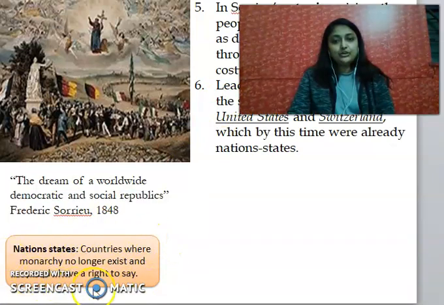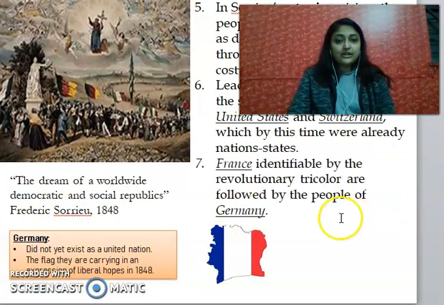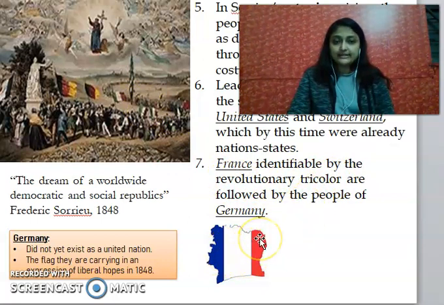Okay, for you I have given a short note over here. Next is France. Here you can find the flag of France. One is here, the other is over here. And same you can find in different places. Now the France flag is a tricolor, that is three colors, blue, white and red.